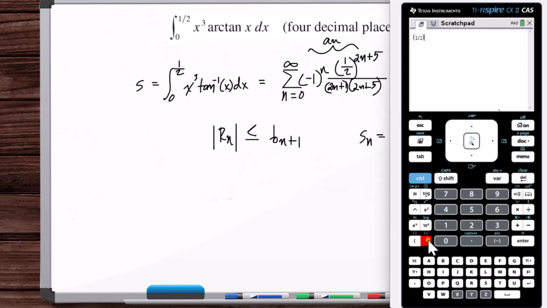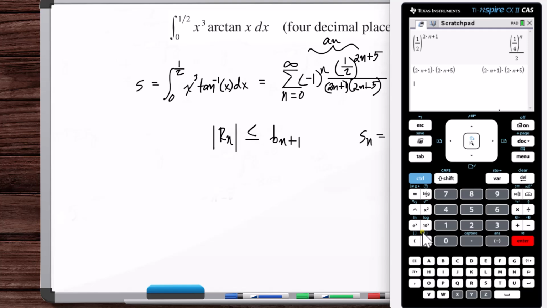So 1/2 to the 2 times n plus 1 power, divided by 2 times n plus 1, divided by, okay, let's see, 2 times n plus 1 times 2 times n plus 5.